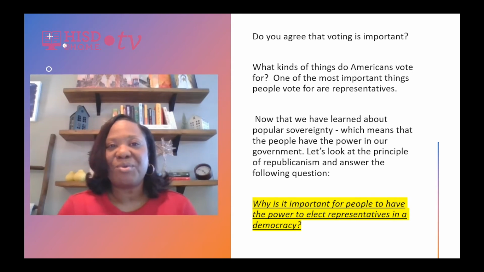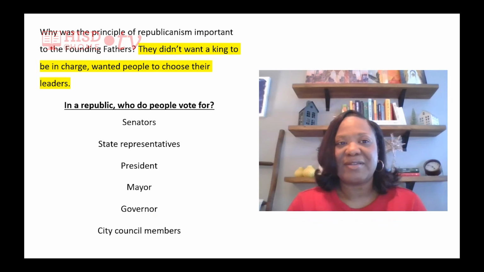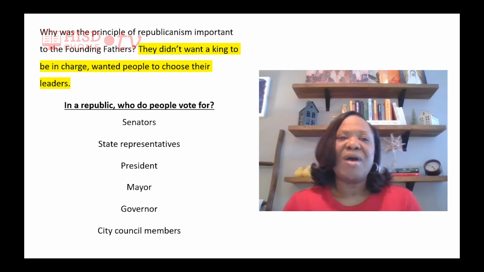It's a pretty important question. Well, why was the principle of republicanism important to the founding fathers? Basically, because they didn't want a king to be in charge.